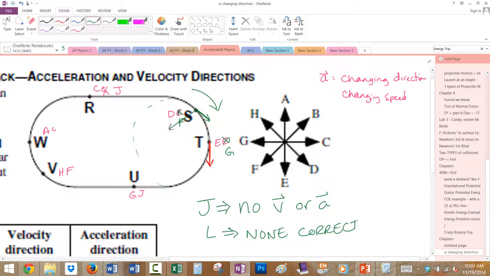F goes like that. That's the center of the circle. Is that okay? Okay. V. What does that say? B. Towards the center of the circle. And W? C. Towards the center.